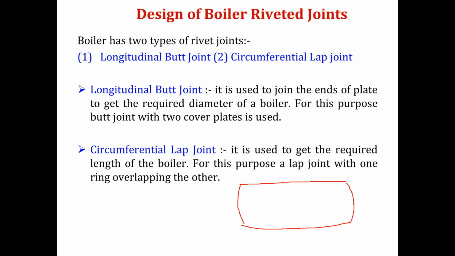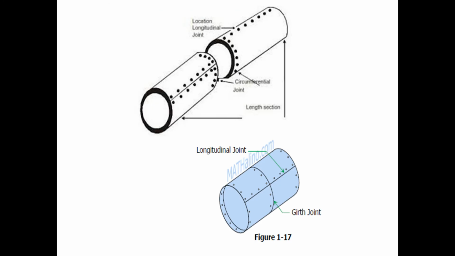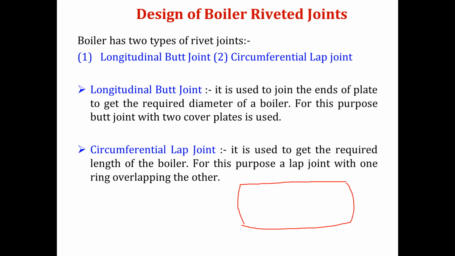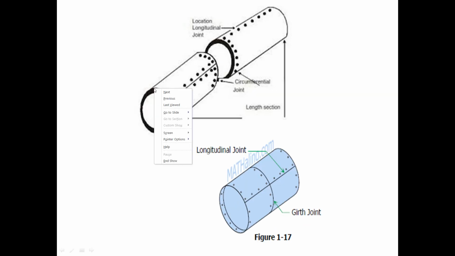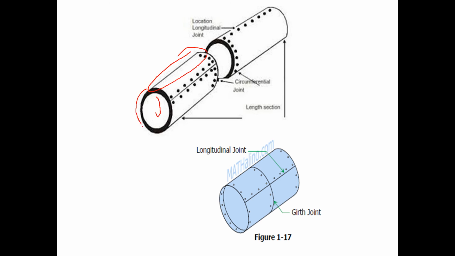Now see, when we design the different parts of a boiler, we have to use rivet joints. You can see that this part is the longitudinal part of the boiler and this is the circumferential part of the boiler. See the diagram? Yes or no?